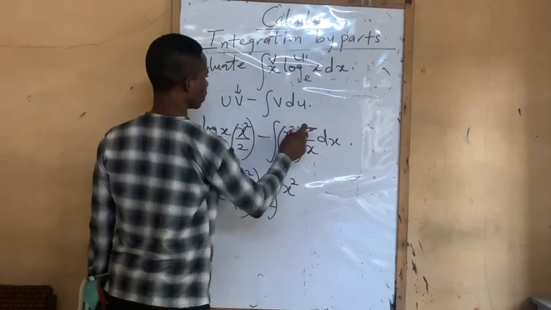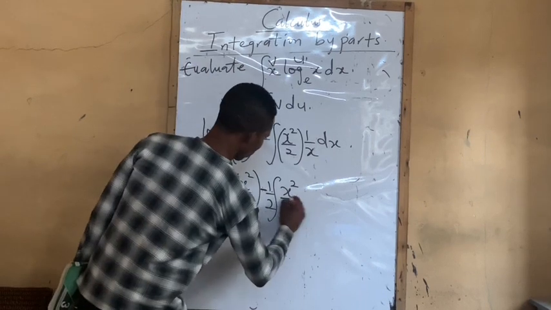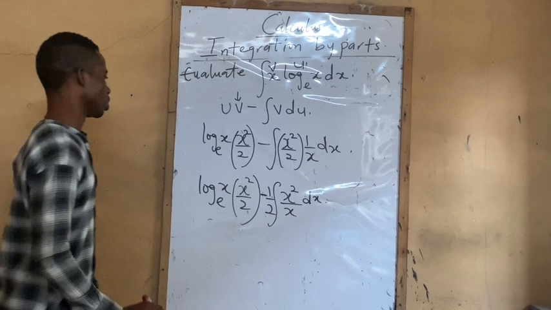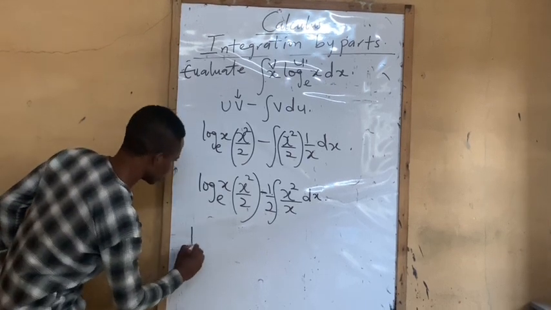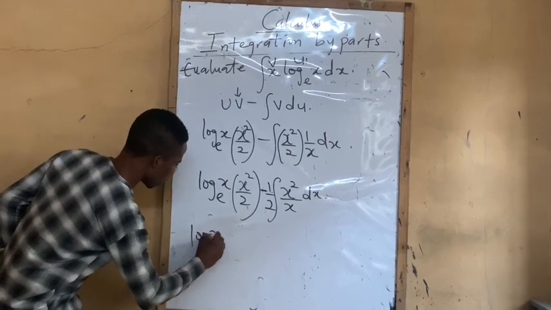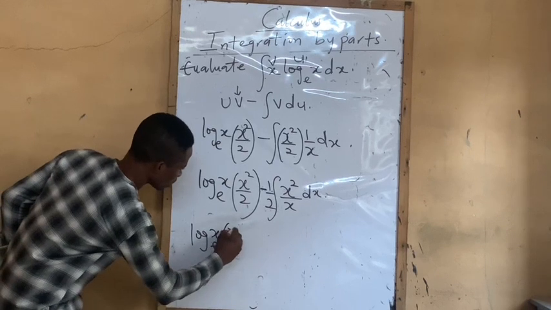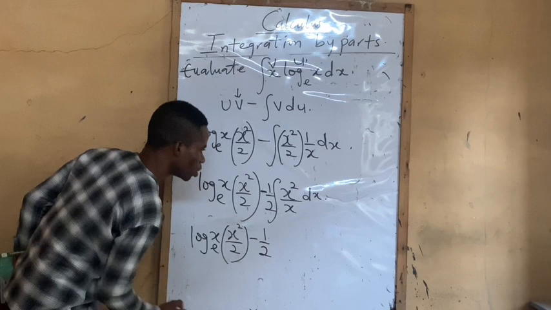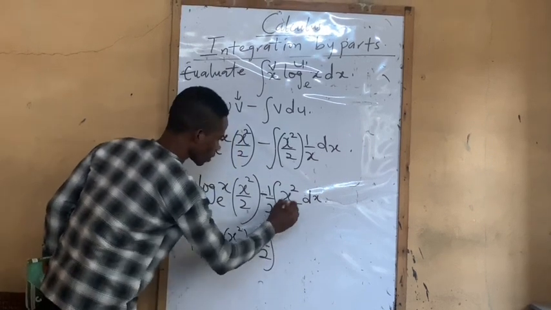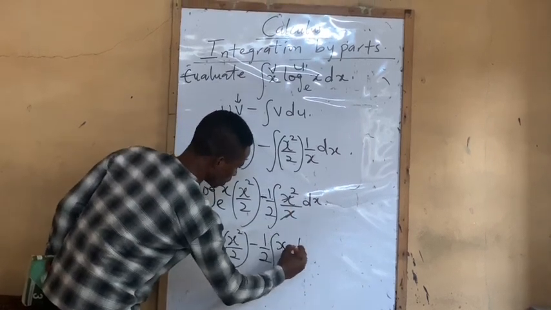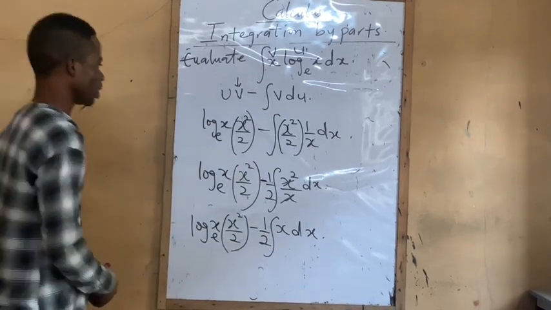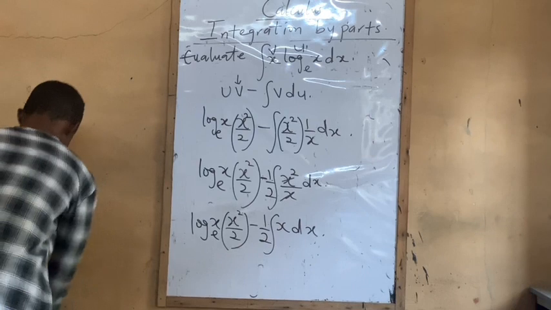So I'm having x squared here all over x dx. So that means I'm having log x base e, x squared all over 2 minus 1 all over 2 integral of x squared over x; cancel x, we have 1 x left, dx.